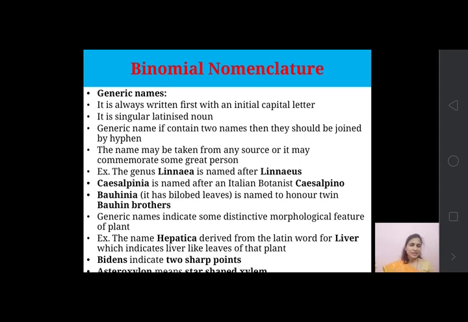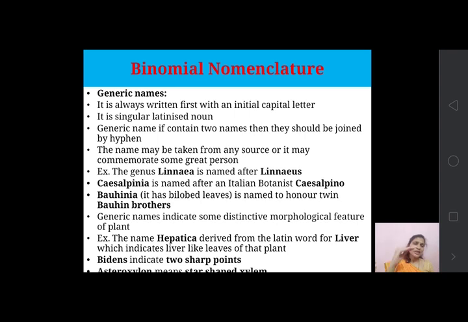Then Bidens. Bidens indicates sharp points; the meaning of the Latin word bidens is two sharp points. Then Asteroxylon. Aster means star and xylon means xylem. So a star-shaped xylem is present in this particular plant, hence the name is given accordingly.